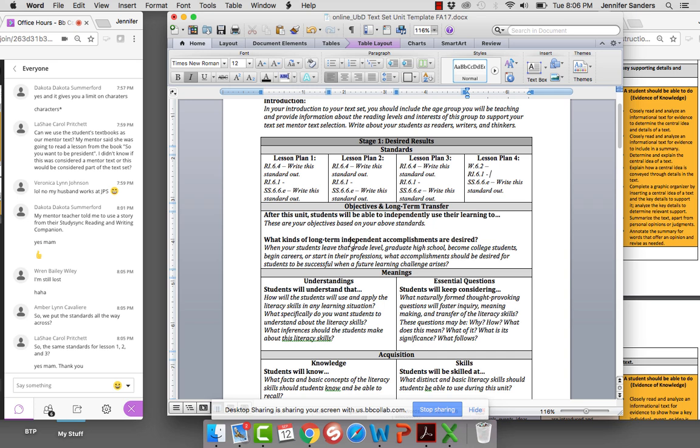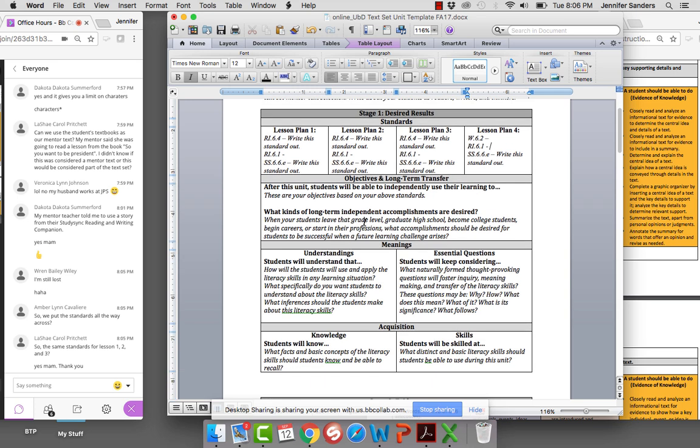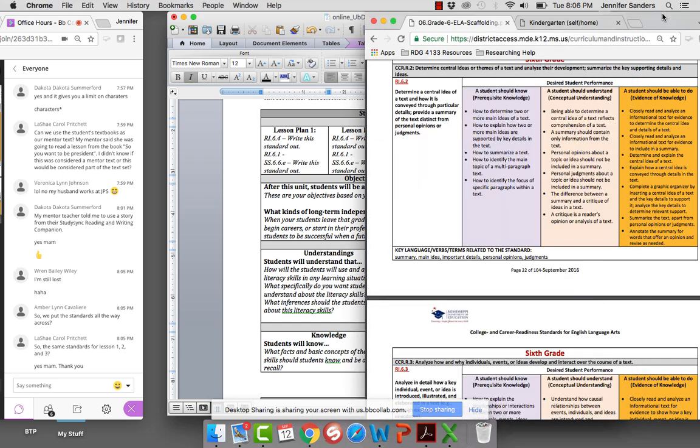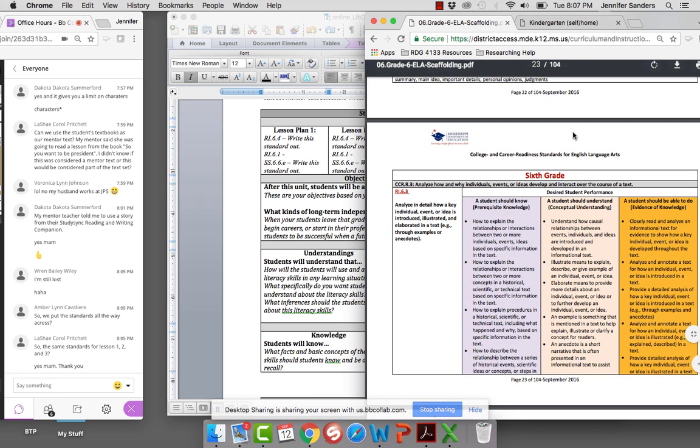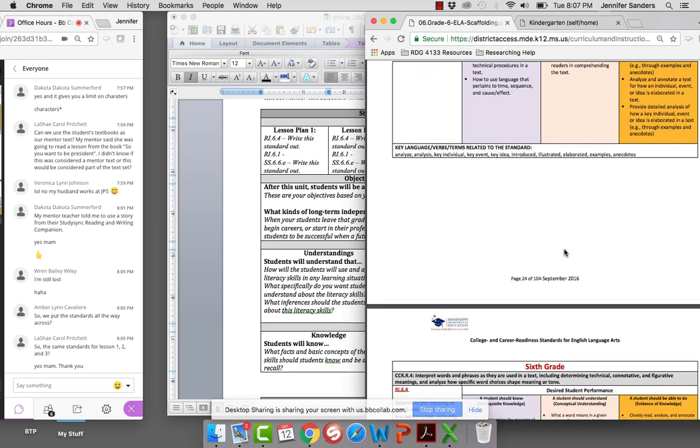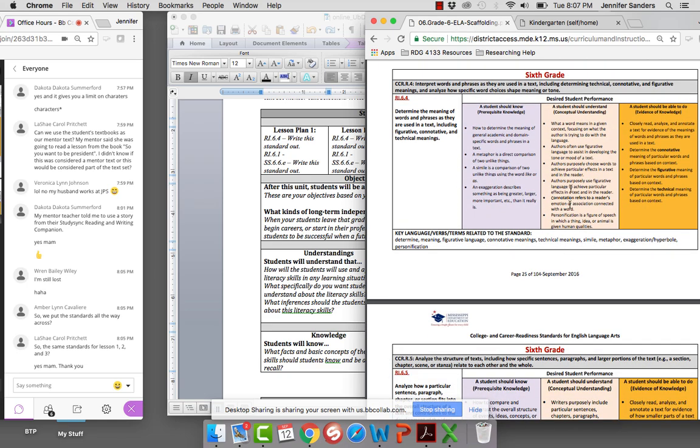So here, this is very, very easy. After this unit, the students will be able to independently use their learning to, y'all look, go here. Remember 6.4 is my standard?